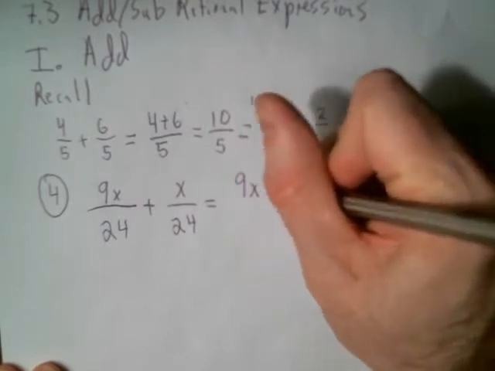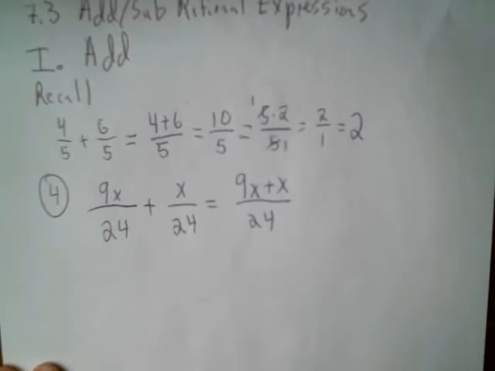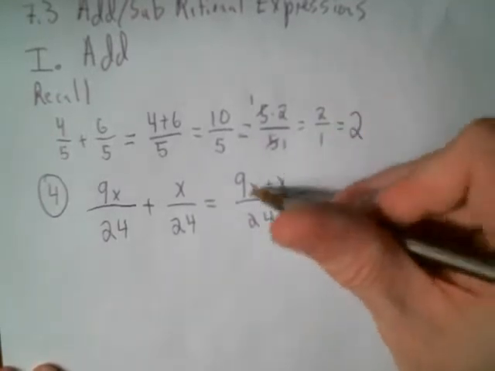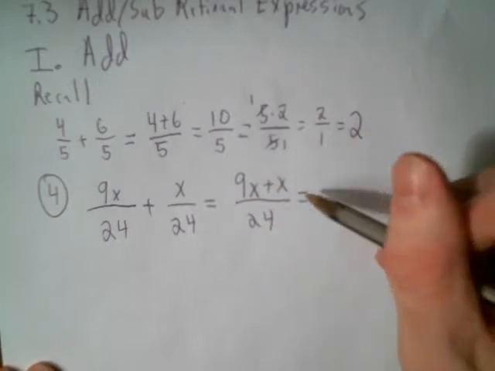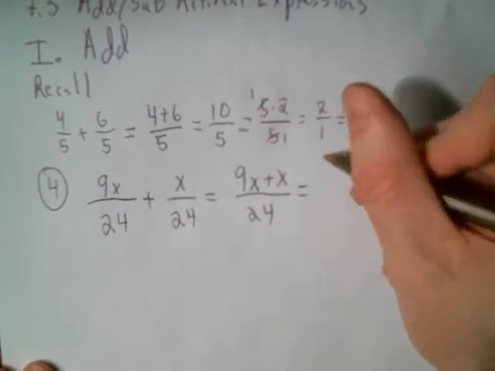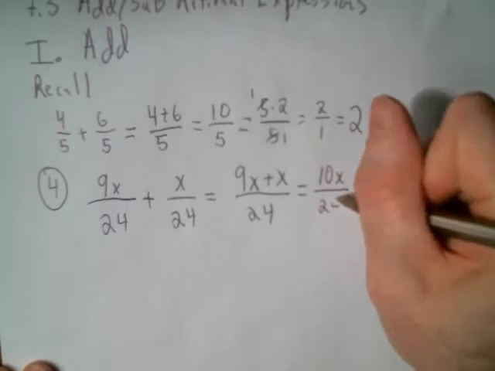So it'll be 9x plus x all over 24. Combine like terms, so you simplify the numerator before you try to simplify the entire fraction. Okay, so simplify this first. 9x plus 1x is 10x over 24.